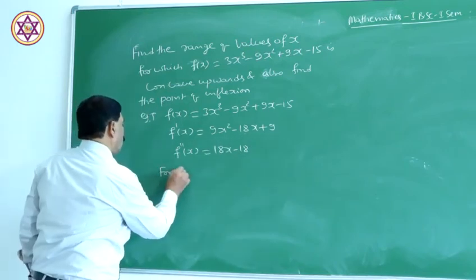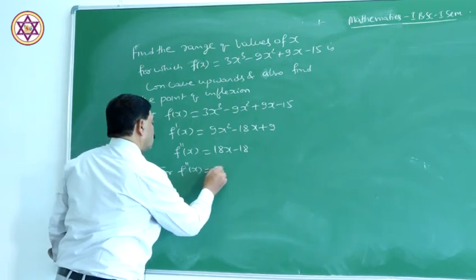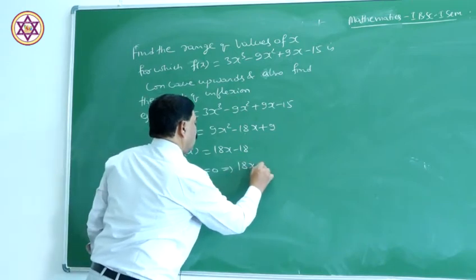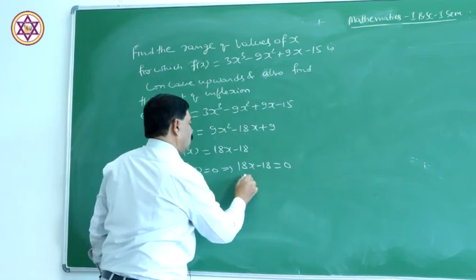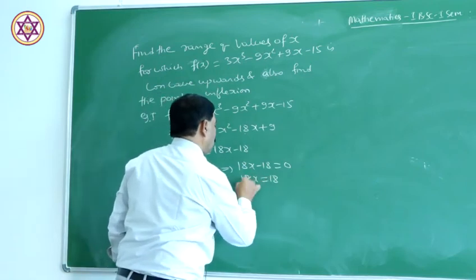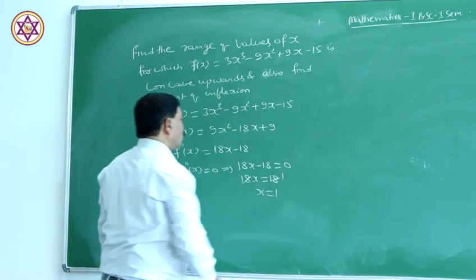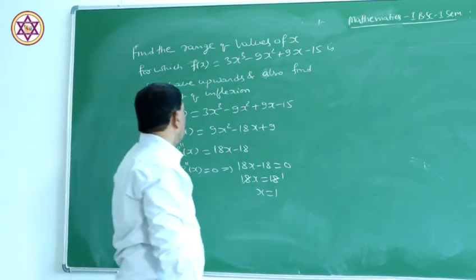Next, for f double dash of x equal to 0, we get 18x plus 18 is equal to 0, 18x is equal to minus 18, so x is equal to 1.